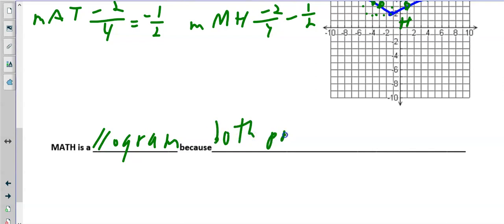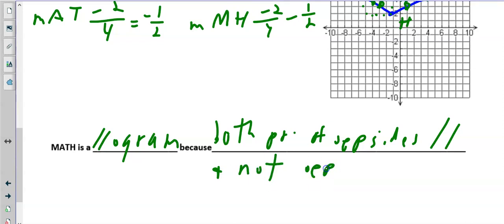So both pairs of opposite sides are parallel, okay? And not opposite reciprocal. That's it. That's enough to prove it. It's just a parallelogram.